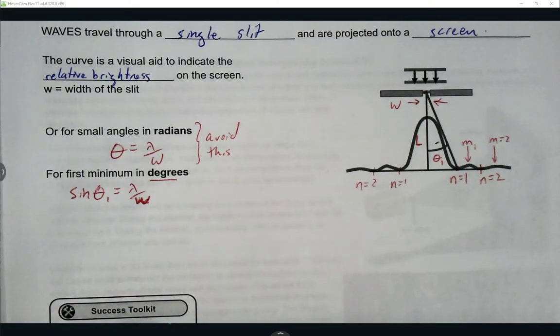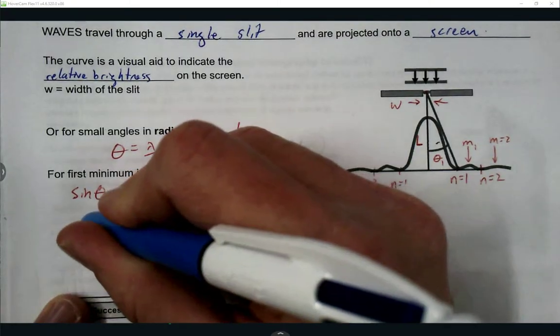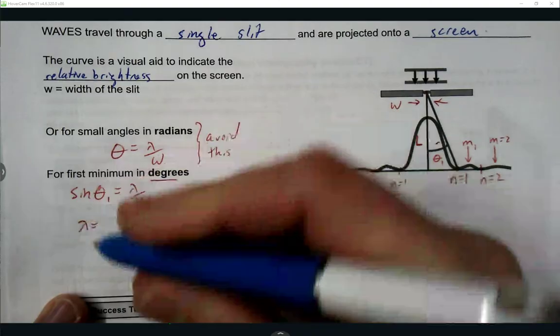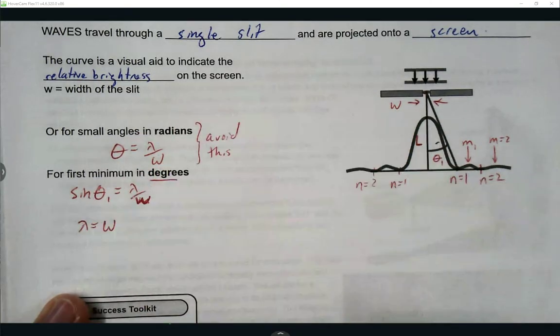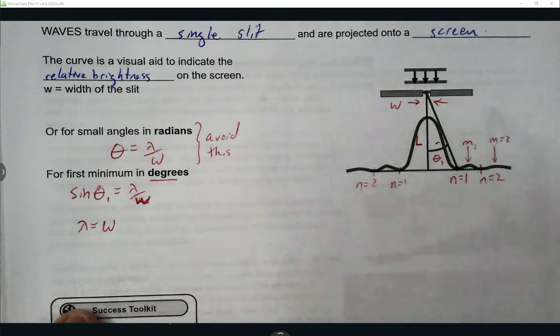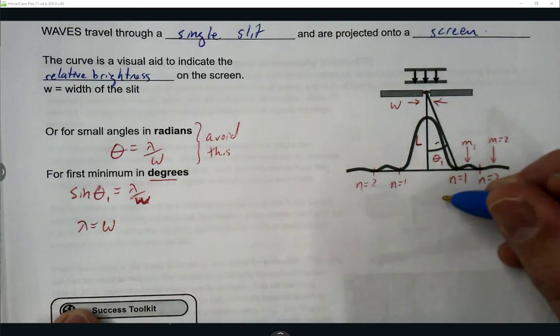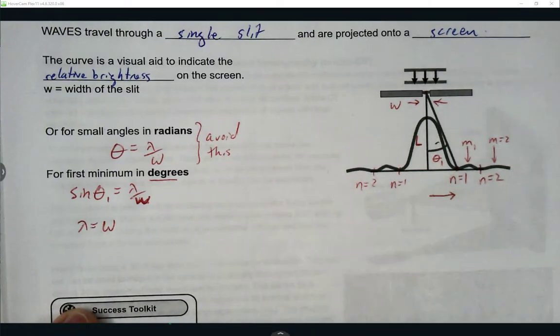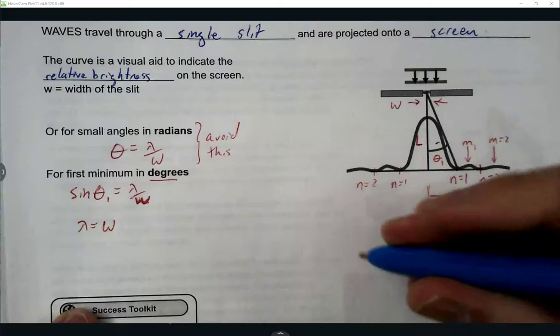Another thing that I could say is that lambda is equal to W times, oh shucks, I'm going to have to come up with a new measurement. From here to here, from the center to that first dark spot, I'm going to call that the Y1 value.